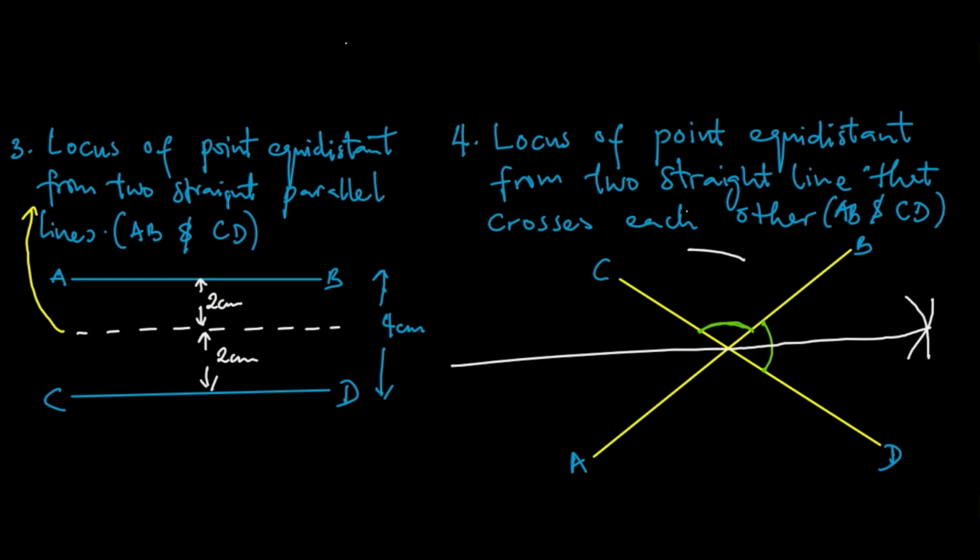We put the sharp end in the other arc there again. Then we have the arc as well. Then we join it to the middle. This is our locus. So we have 2 loci for the number 4.